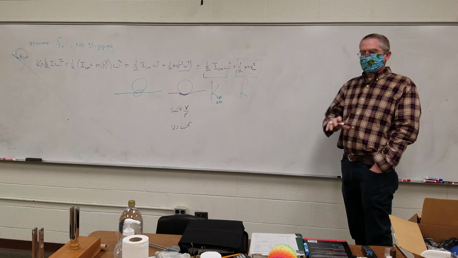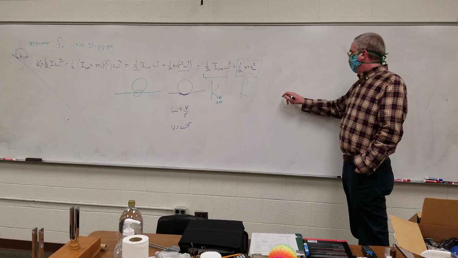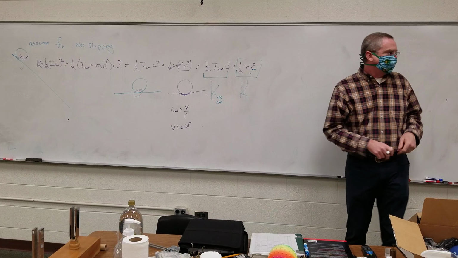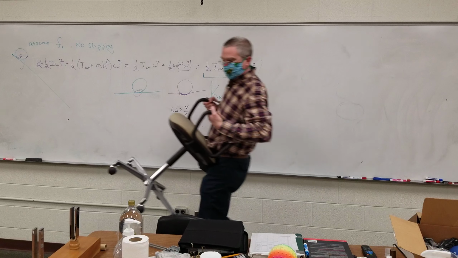All right, shifting gears slightly, we're still dealing with the rotational stuff. Now, the warning is that I do occasionally get bouts of vertigo. And now I'm going to spin myself.